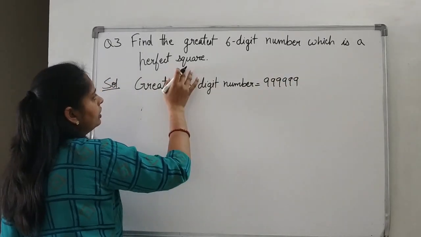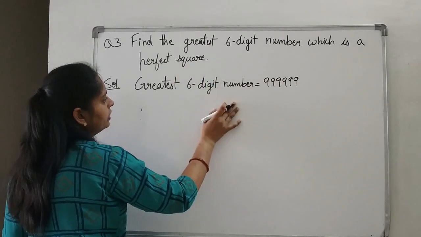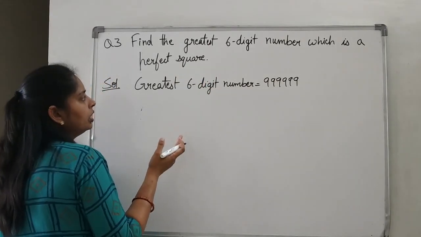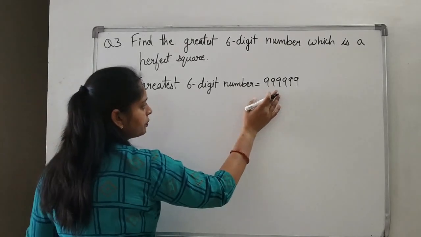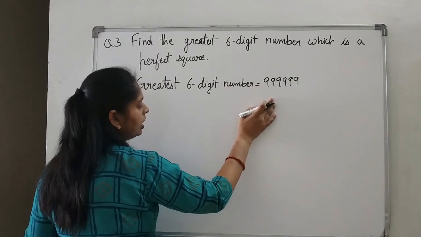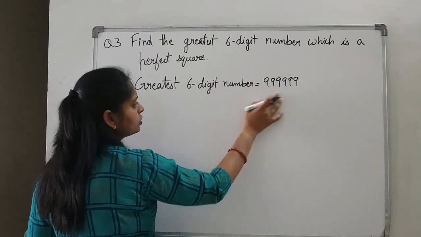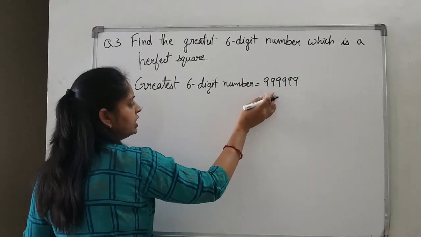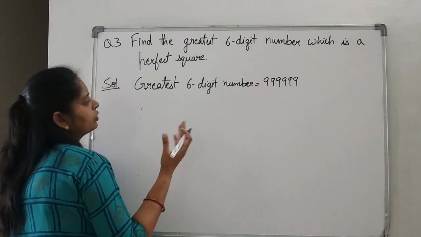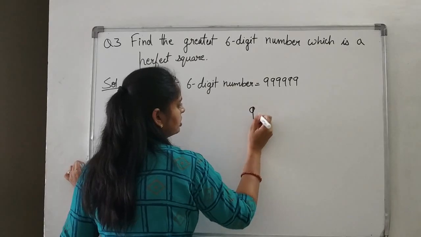And we have to get the nearest perfect square number. So this is the greatest. Obviously, before this only the square number will lie. So we need to subtract in this. Always mind it, whenever the greatest square number has been asked, we have to go for the least number to be subtracted, and when the smallest number has been asked, we have to go for the addition of the smallest number.